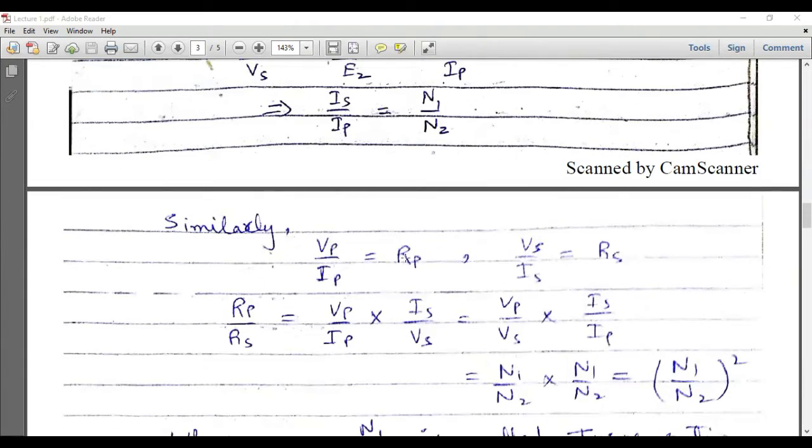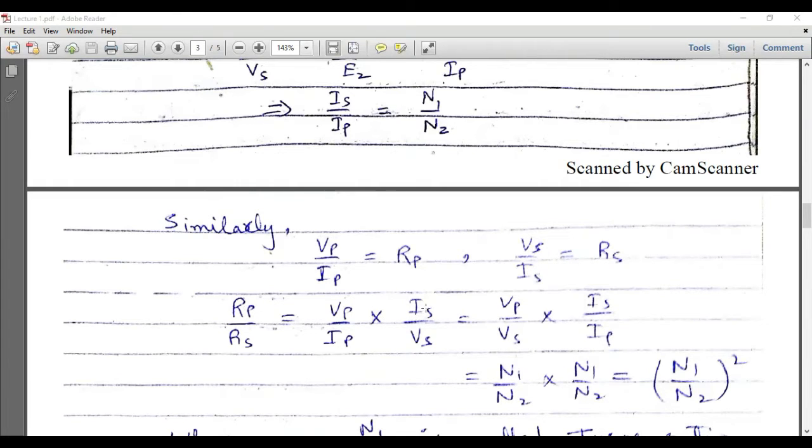Similarly, Vp over Ip is equal to the resistance of the primary winding, and Vs over Is is equal to the resistance of the secondary winding. And if we divide Rp by Rs, then Rp over Rs will be equal to Vp over Ip divided by Vs over Is.